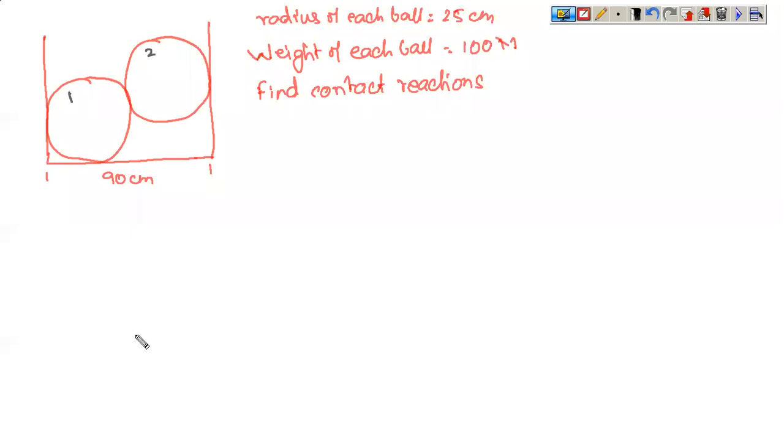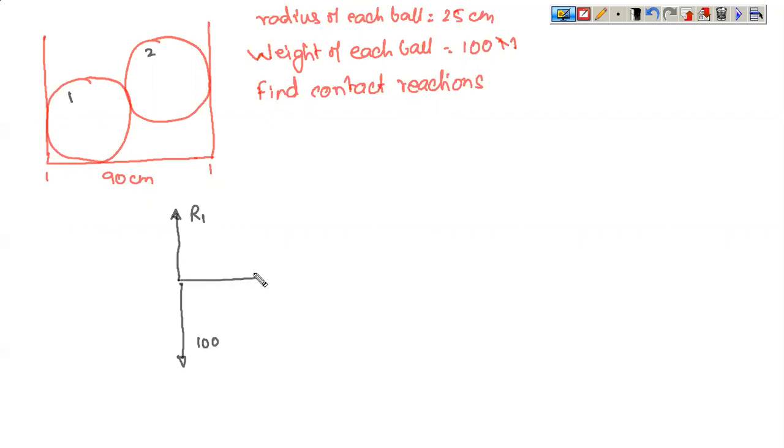Okay. So if you draw the free body diagram of ball 1, the weight is going to act downwards. So this is 100. It is supported from the ground also. So you have R1. Now you have another support being offered from the left hand side.